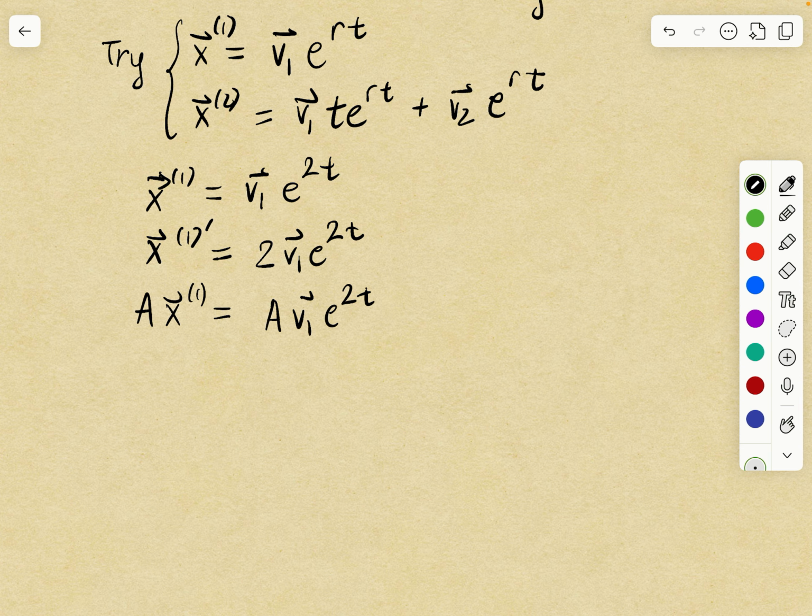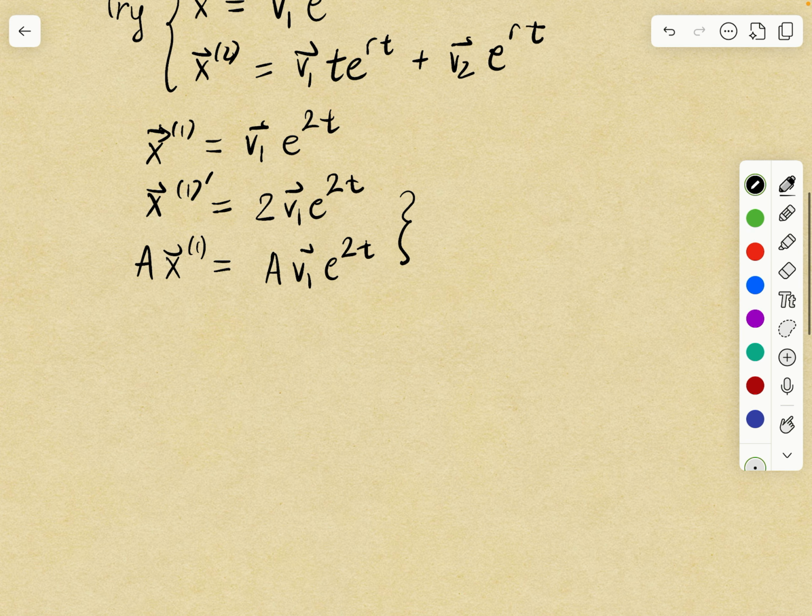We want these to be equal, so the first equation we get is A v1 e^(2t) equals 2 v1 e^(2t).